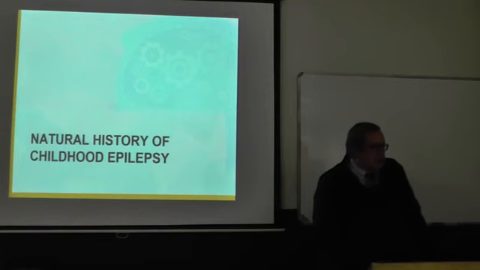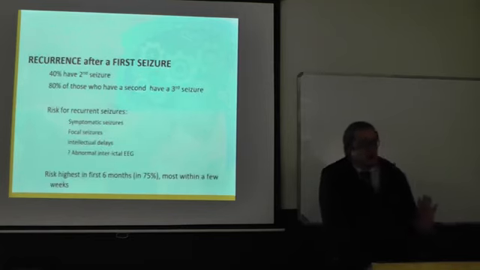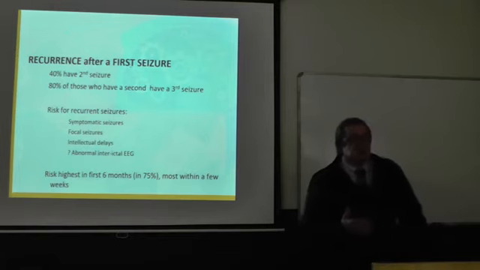I think it's really important that you take cognizance of this slide, because if you look at first seizures, many people will have a seizure in their lifetime, maybe 5%, and then never again have a seizure.